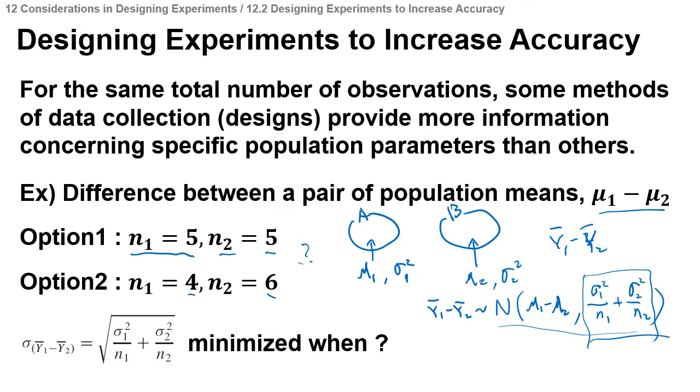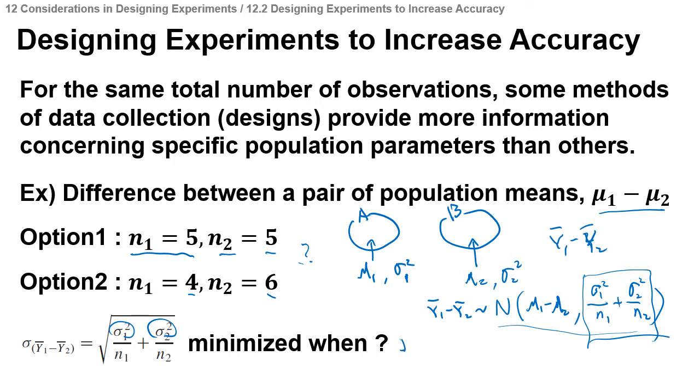Actually, we cannot directly solve this for option 1 and option 2. If sigma 1 square and sigma 2 square are unknown, we cannot directly answer the question.